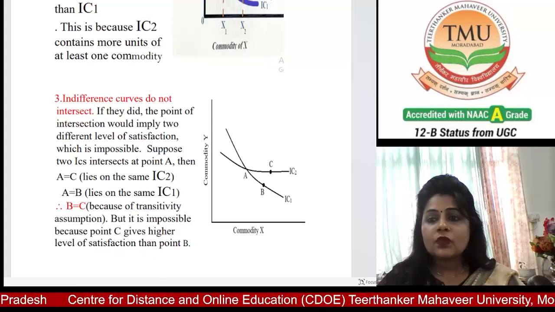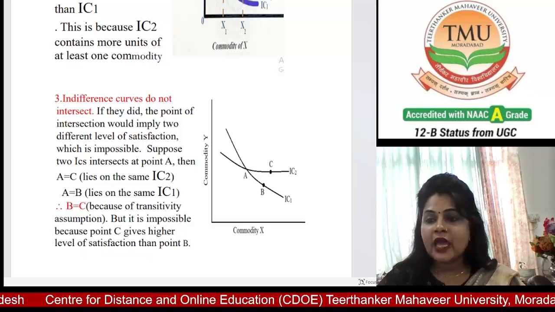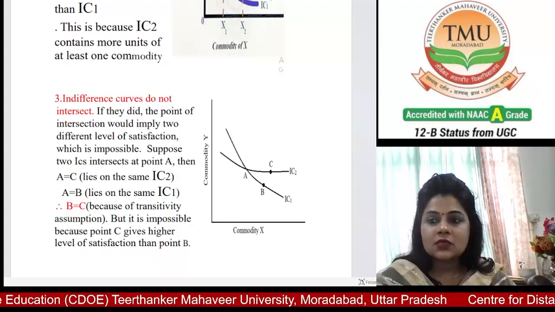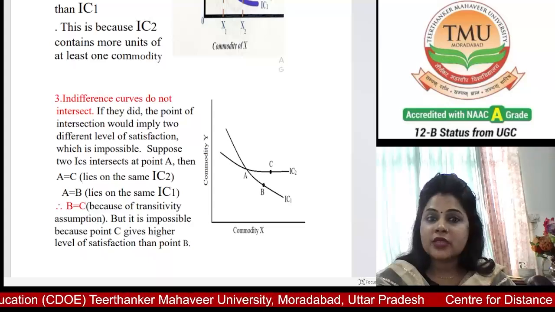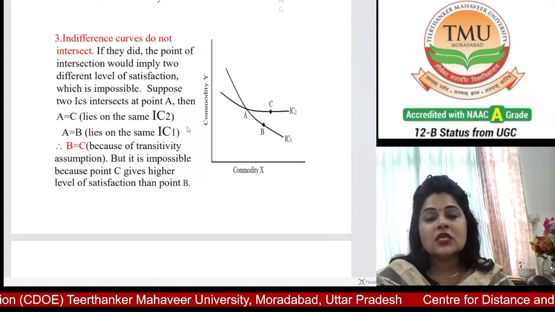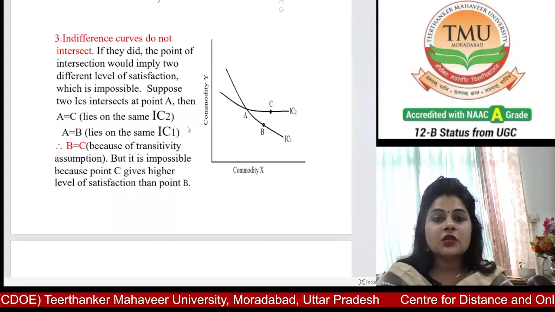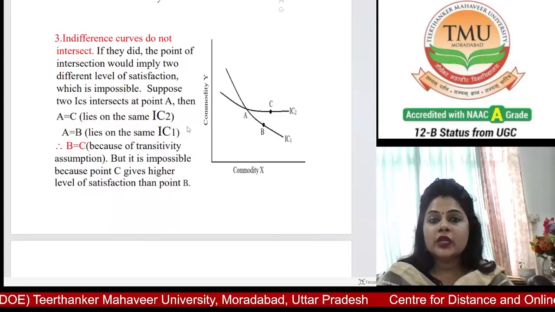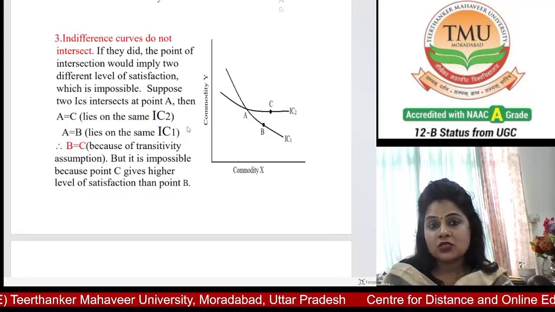Now we discuss why indifference curves do not intersect each other. So, third property: two indifference curves do not intersect. You are seeing in this figure, if they did, the point of intersection would imply two different levels of satisfaction, which is impossible.